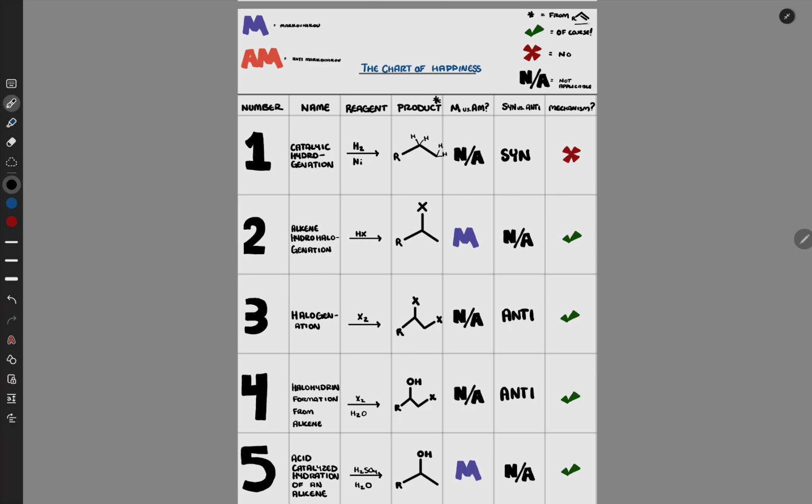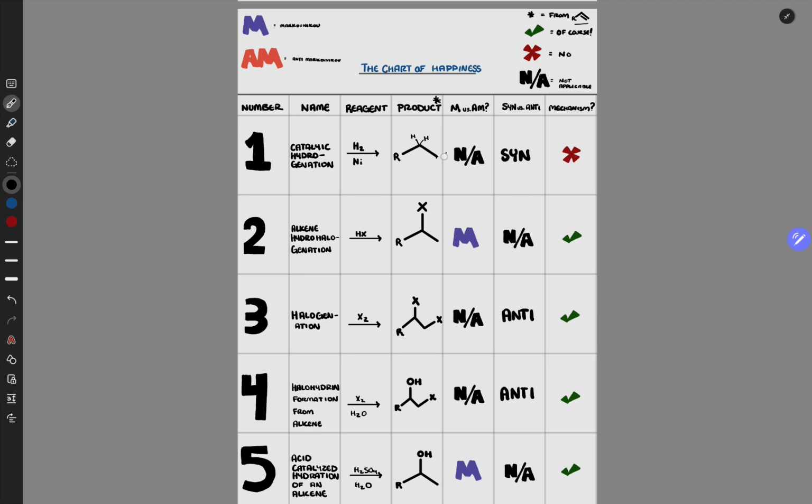So you can see in the alkene in the top right corner, there would be 1 hydrogen on the carbon at the top, and then 2 hydrogens on the primary carbon, and then we would add a hydrogen to the primary carbon and the secondary carbon there. I hope that makes sense.